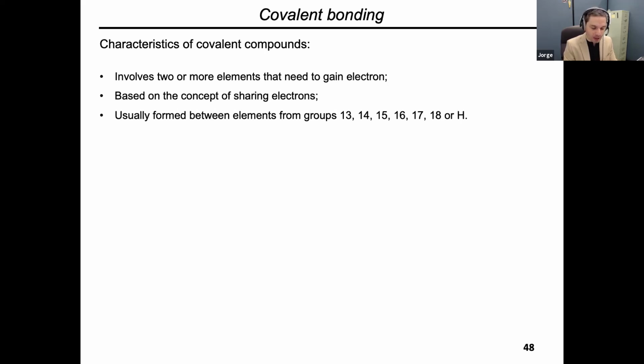Okay, so now for the covalent bonds, we will combine elements that need to gain electrons to achieve the noble gas configuration. And this kind of bonding is based on the concept of sharing electrons. So if everybody needs to gain electrons, let's share them in order to make everybody happy.